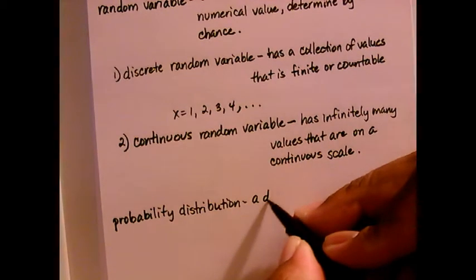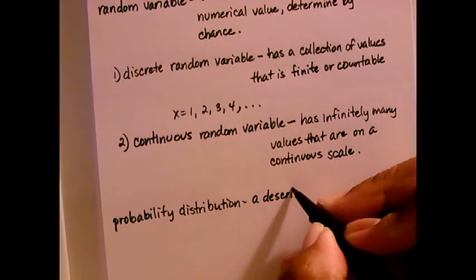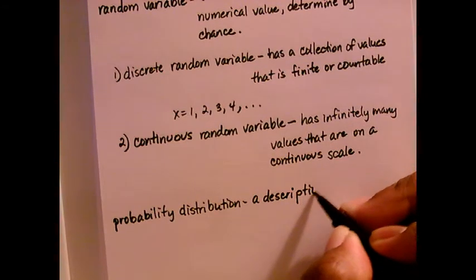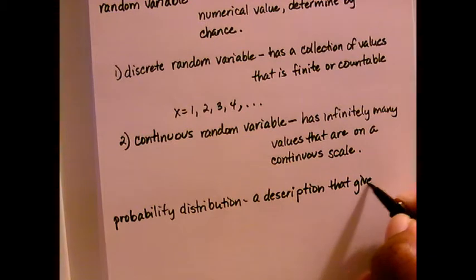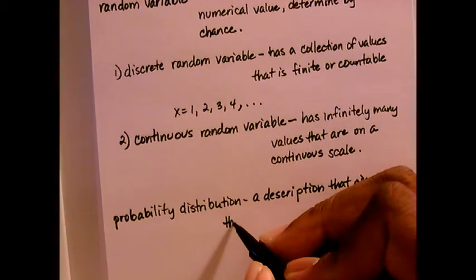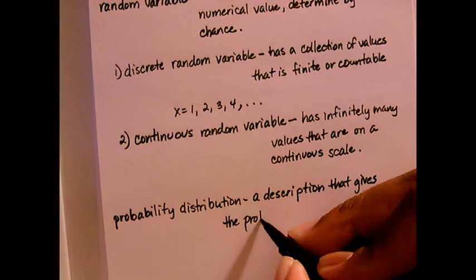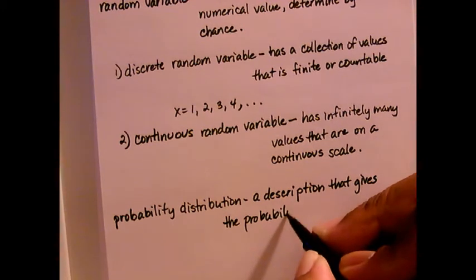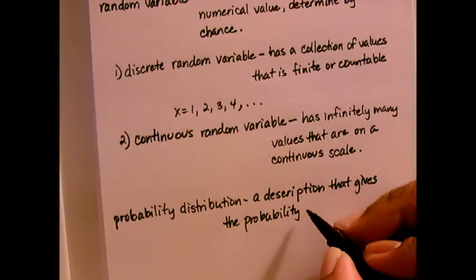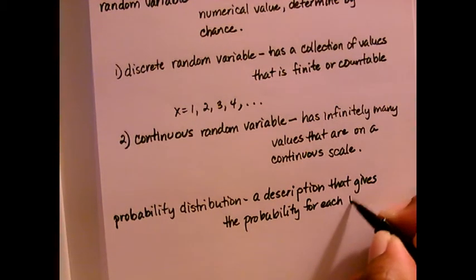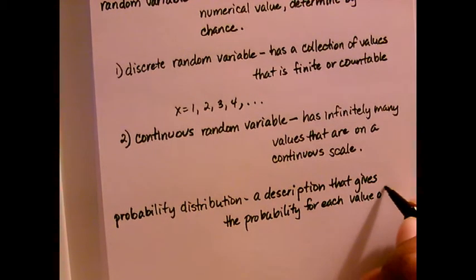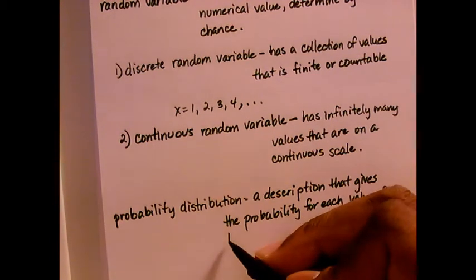A probability distribution is a description that gives the probability for each value of the random variable.